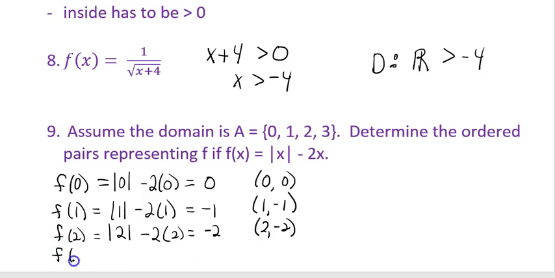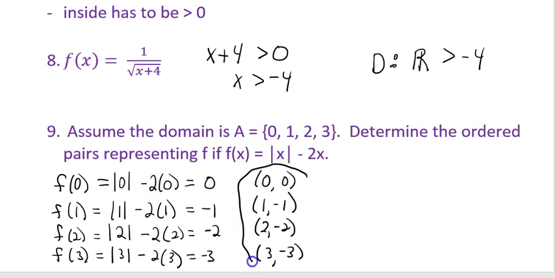And then the last one, f of 3, I have absolute value of 3 minus 2 times 3. So I have 3 minus 6 gives me a negative 3. My ordered pair would be 3, negative 3, because I plugged in 3 and got out negative 3. And so that's what they were asking for, the ordered pairs, and this is my answer, all these ordered pairs.